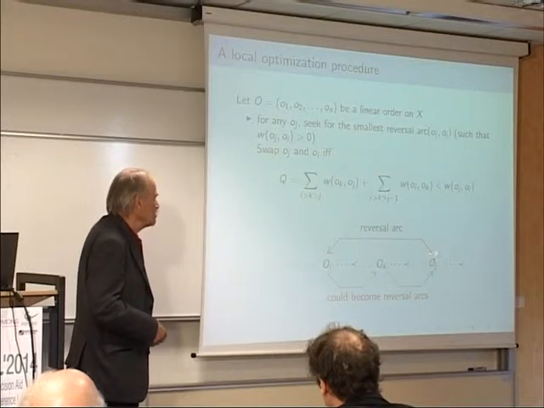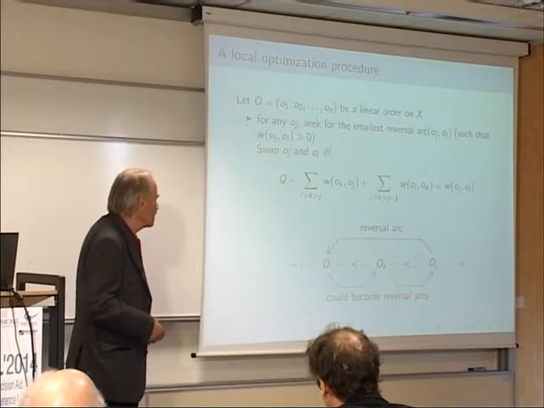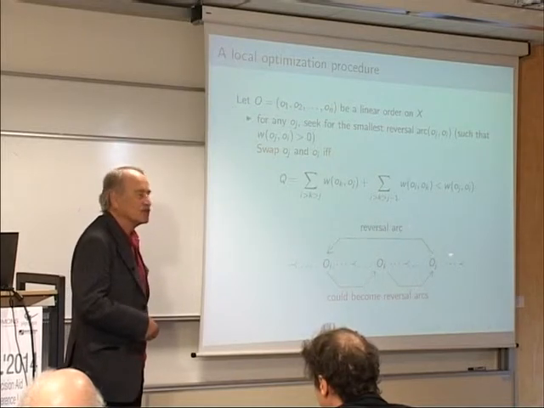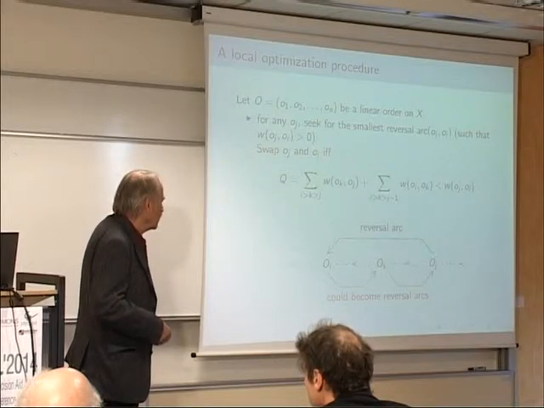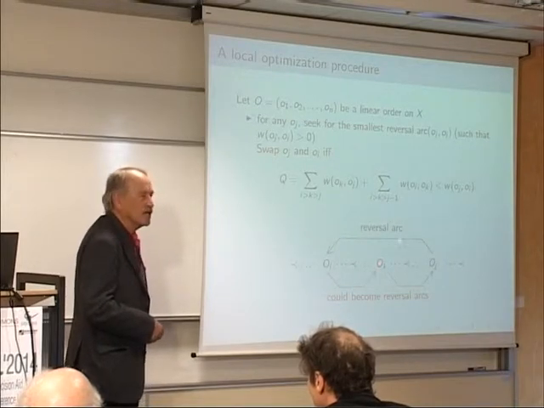It's very easy, but doing so you gain something, the weight of this reversal arc. But maybe you could introduce other reversal arcs, because Oi will be at the place of Oj, and if you have a reversal arc between Oi and Ok, it will become a reversal arc.